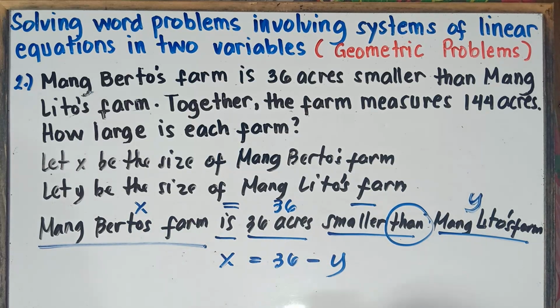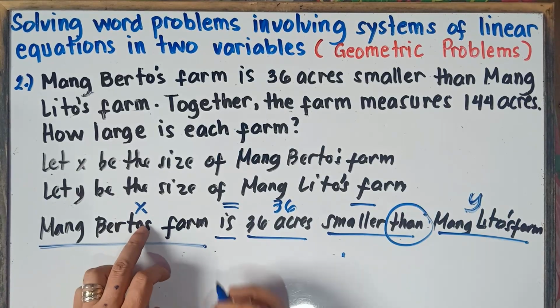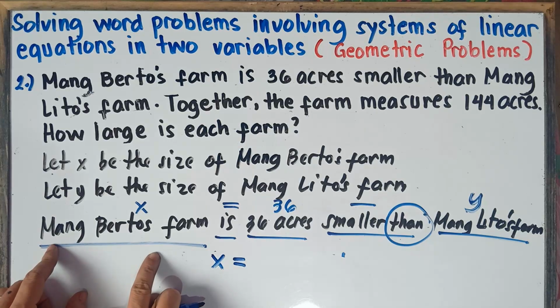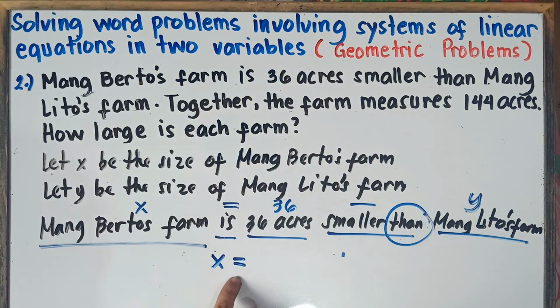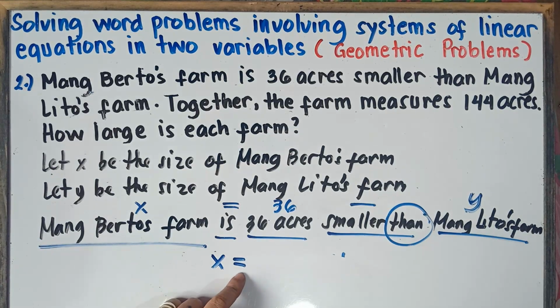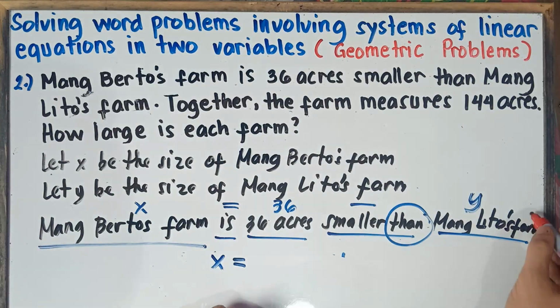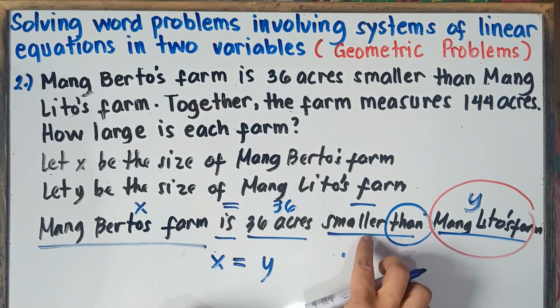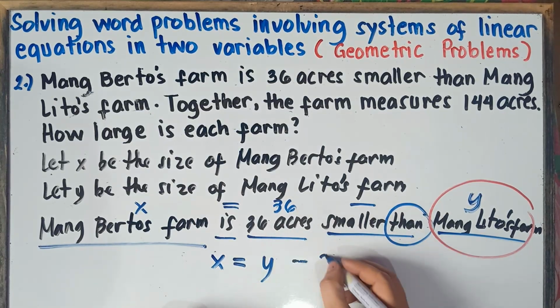It should be X, for Mang Berto's farm, equal sign, and then we have this word "than." So Mang Lito's farm comes first: Y, smaller than, minus, and then 36.